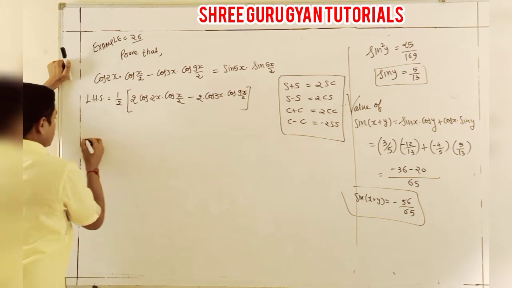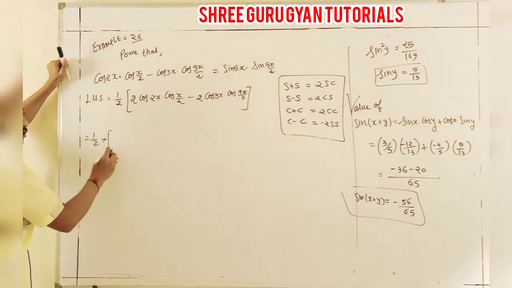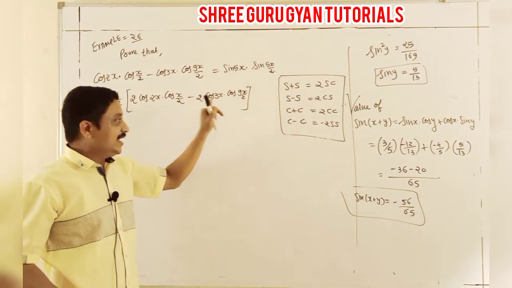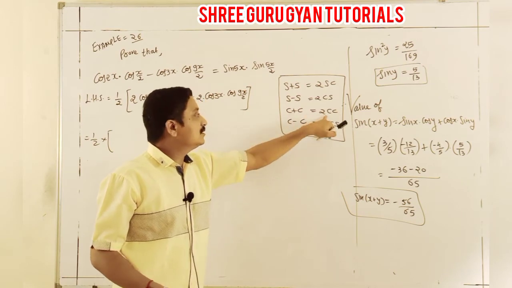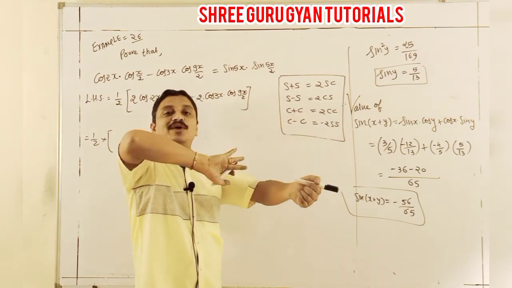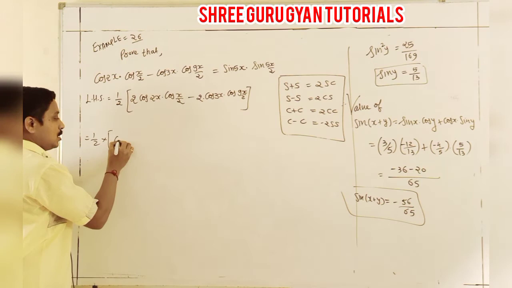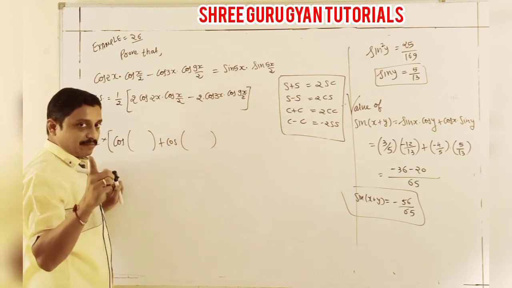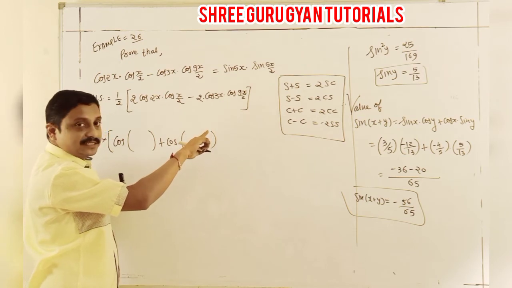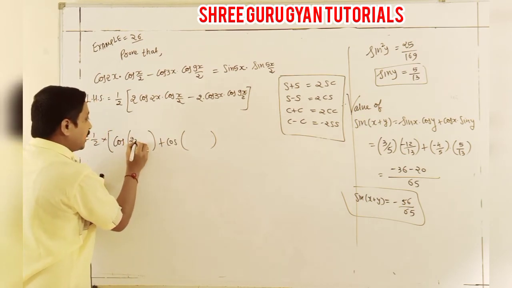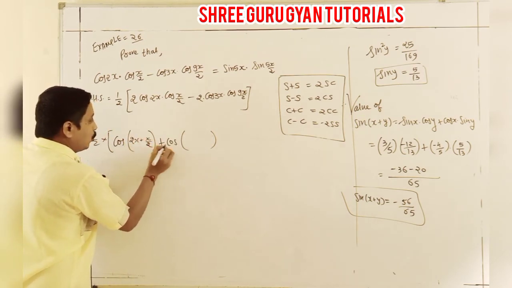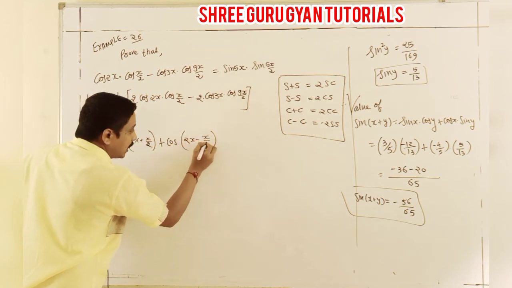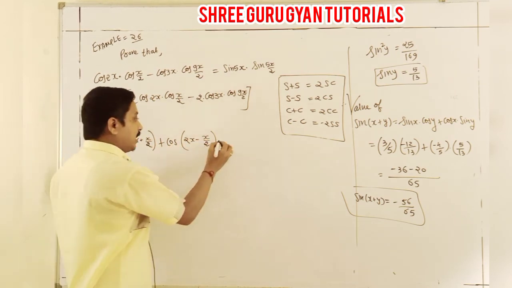Now half the same. Students, here revise: 2cc, what? c plus c. Use the reverse formula, so cos plus cos. The angles are not divided by 2, because you use it in reverse. So you only add both angles and subtract both angles.